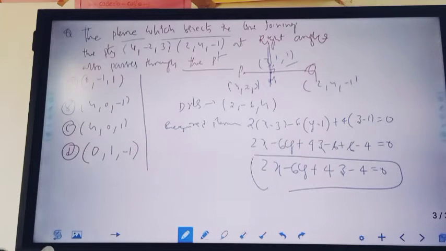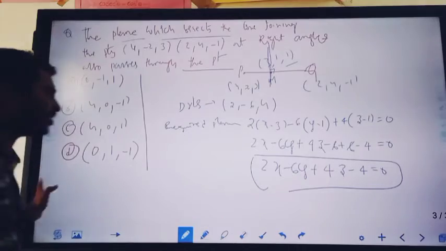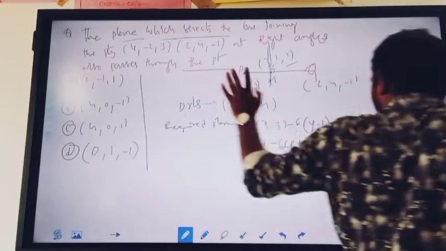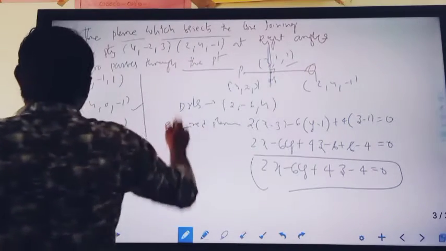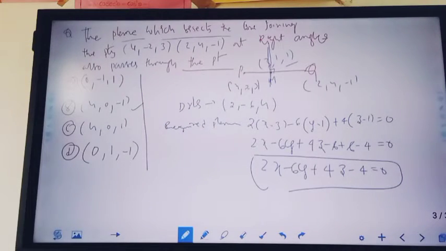So this is our answer, and we substitute the option points in this equation. Where we get 0, that point will be satisfied. So here we take the option 4, 0, -1.